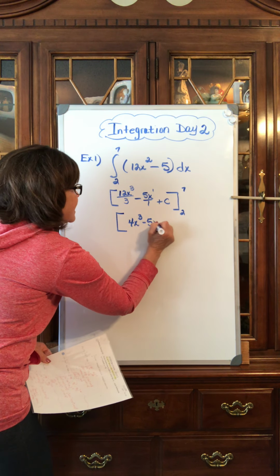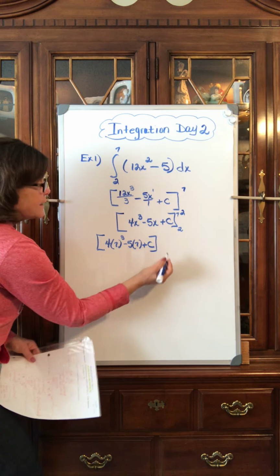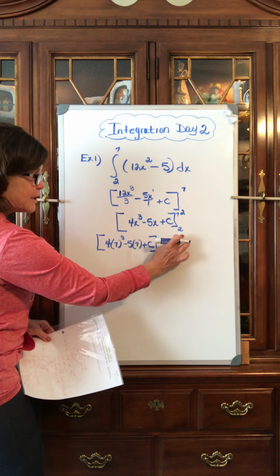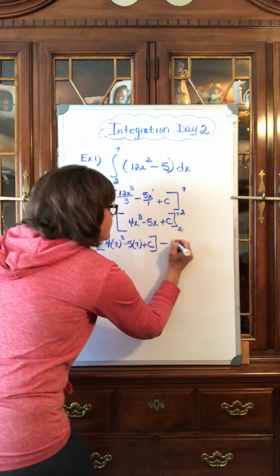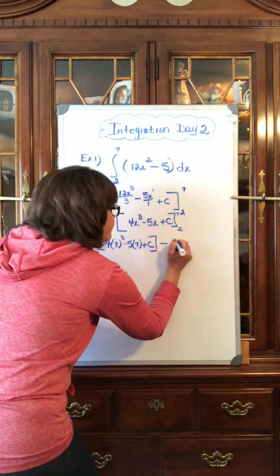So the first thing I have to do is plug the 7 in. So it'll be 4 times 7 cubed minus 5 times 7 plus c. Then we're going to subtract, plugging the 2 into this integral. So 4 times 2 cubed minus 5 times 2 plus c.